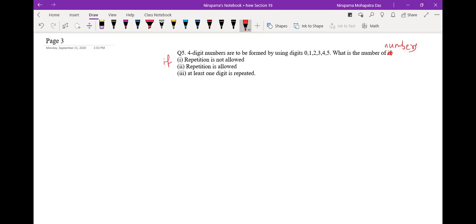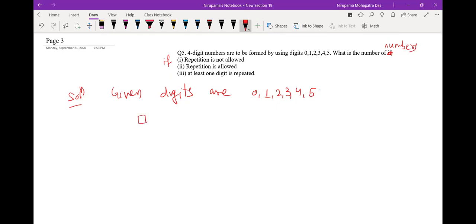We have to write here, given digits are 0, 1, 2, 3, 4, 5. We are given 6 digits. Then we have to form 4-digit numbers if repetition is not allowed.